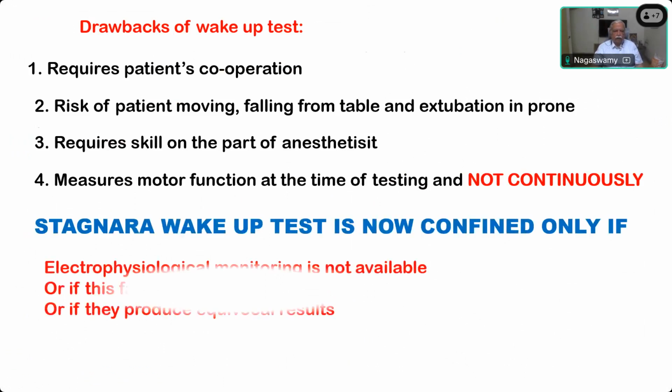It is now confined only to where electrophysiological monitoring is not available, or if this method fails, or if it produces equivocal results. So these are the three situations where you have to depend on the Stagnara wake-up test.